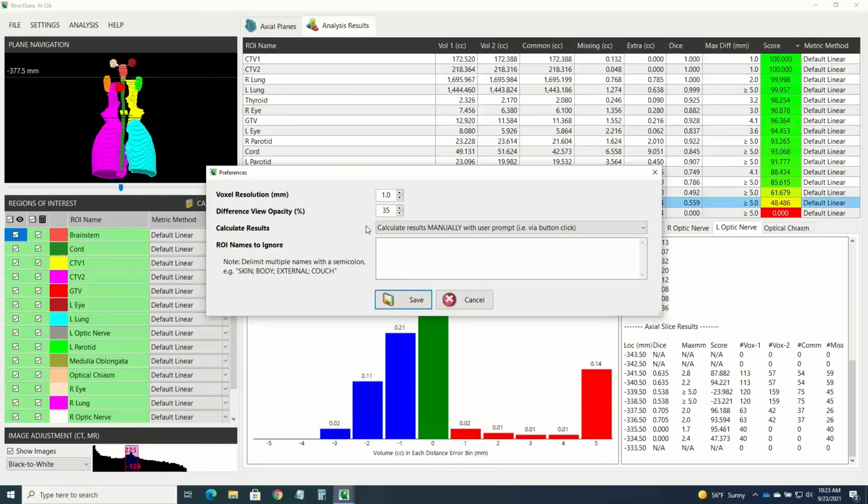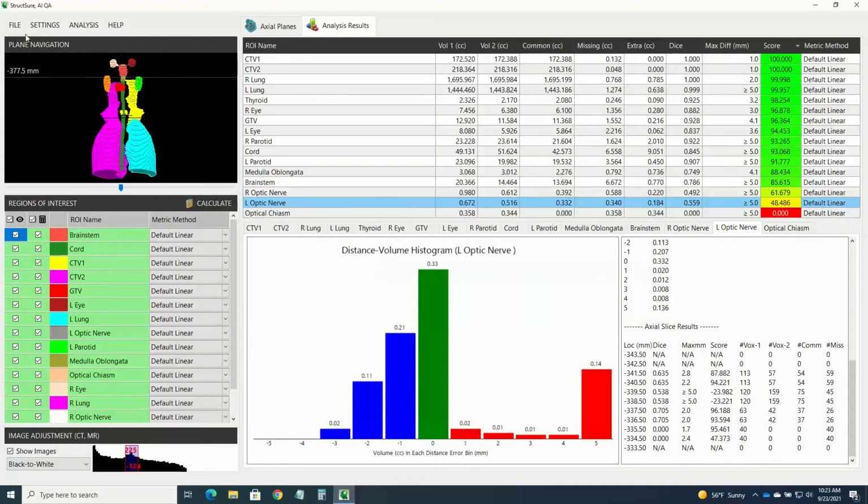There's also the difference view and opacity. And we can also type in here regions of interest to ignore. So that's a handy little thing to have.